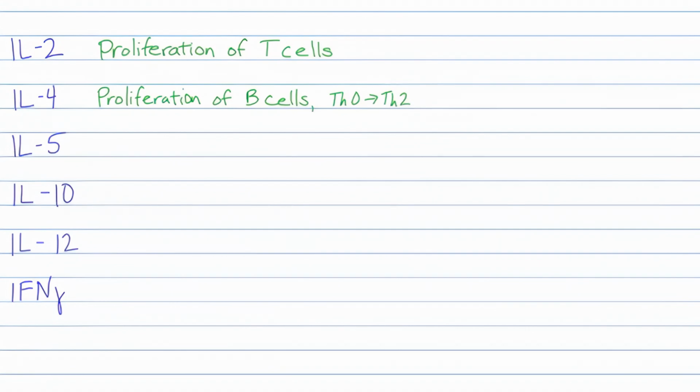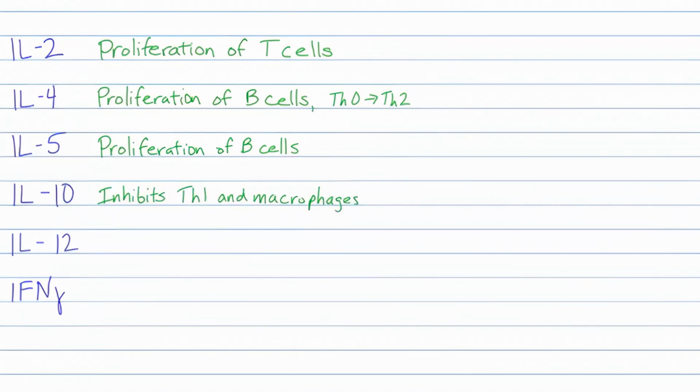IL-5 stimulates proliferation of B cells. IL-10 is an inhibitory cytokine, so it inhibits Th1 cells and inhibits macrophages. IL-12 is what stimulates differentiation of Th0 cells to become Th1 cells. Interferon gamma activates the macrophages and also inhibits the proliferation of Th2 cells.